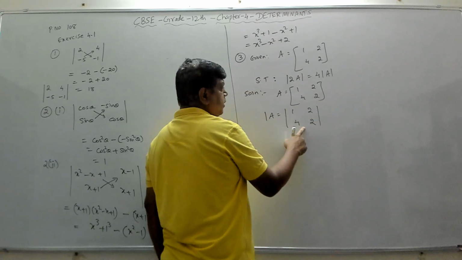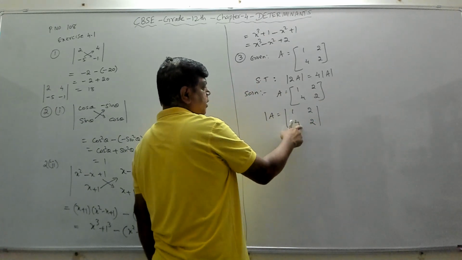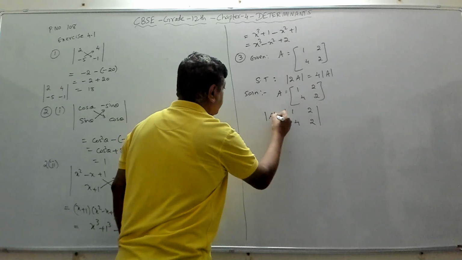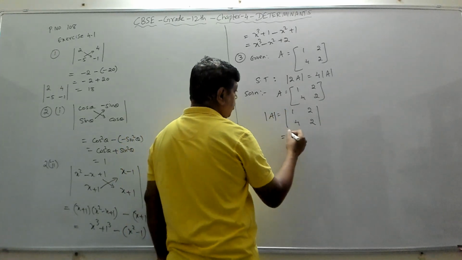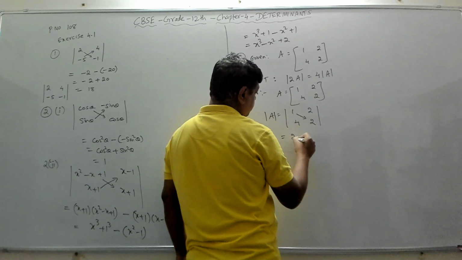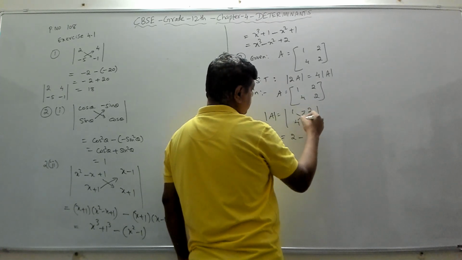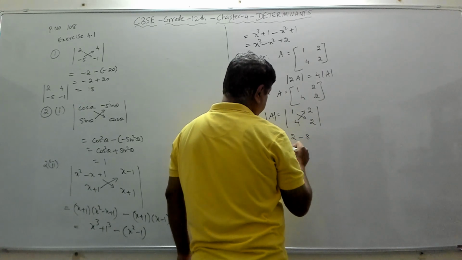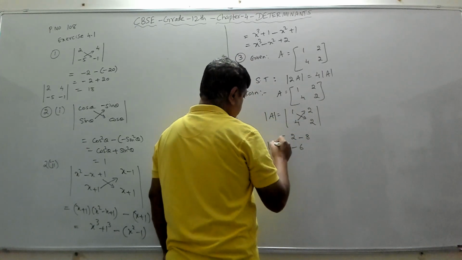Now this is not the matrix. This is a matrix, this is not a matrix. So determinant of A is equal to this into this: 1 into 2 is 2, minus 4 into 2 is 8. So you get minus 6. That is your determinant of A.